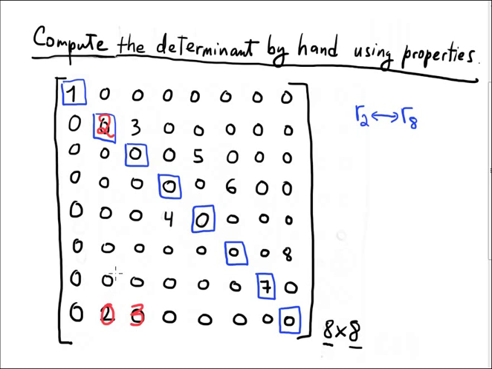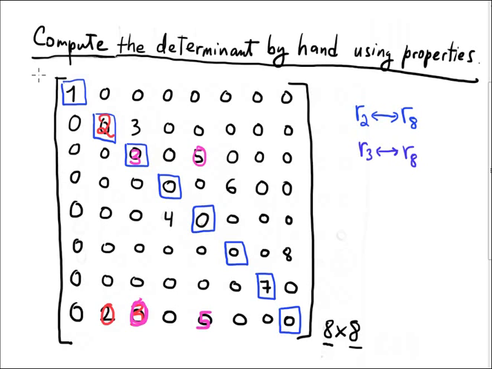Likewise, in order to put 3 here, you interchange row 3 and row 8, because I have 3 here. This is 0 and this 5 goes here.